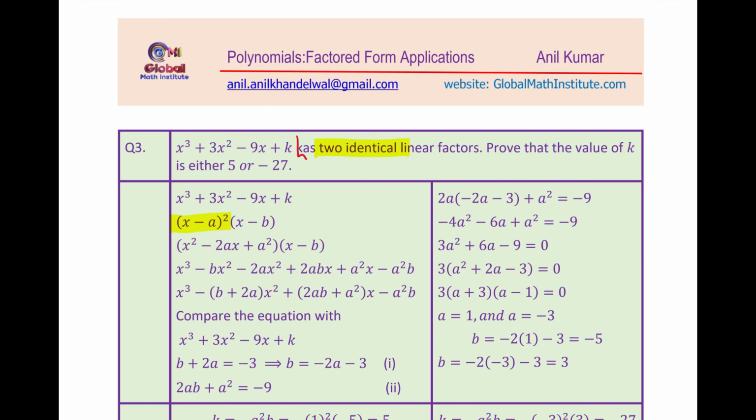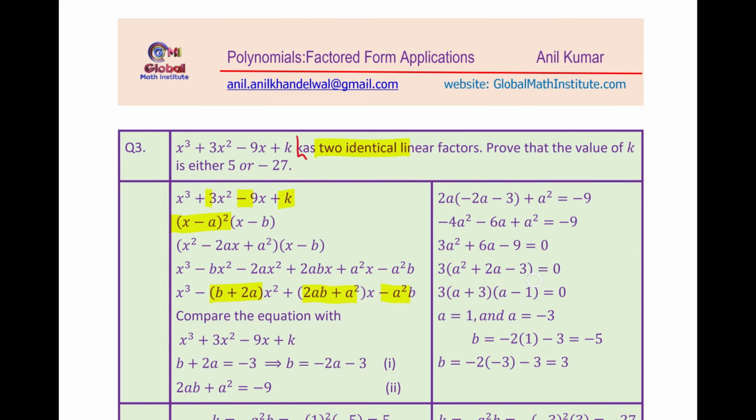Expanding and simplifying, and then from here getting the three equations, comparing b plus 2a with 3 negative sign and 2a plus a square with minus 9, and then we know the constant term is minus a square b. We actually get all the three equations which we discussed.